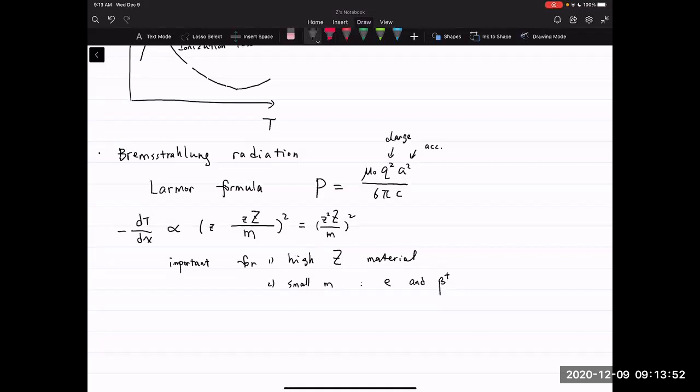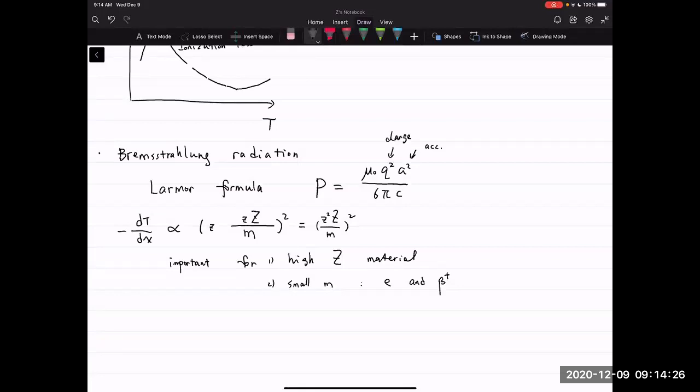For heavy charged particles, even a proton, the mass is about 2,000 times larger than the mass of an electron. Then you take the square of that, that's a few million times smaller than the effect for the electron. So Bremsstrahlung radiation is normally only important for light charged particles, electrons and positrons.